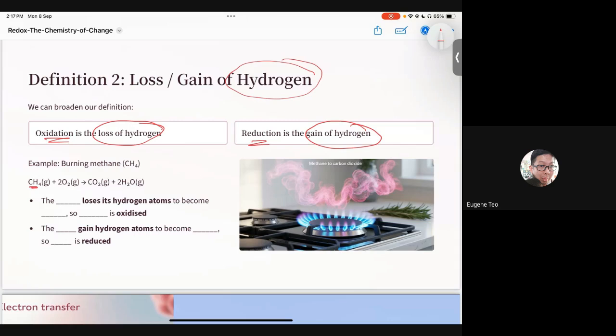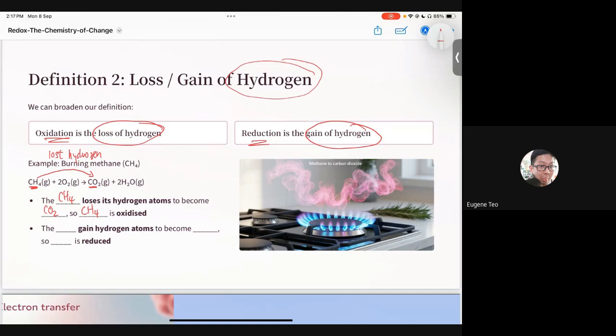So realize methane, CH4, the carbon is initially attached to 4 H. After that, it became CO2. So what you realize is that it has lost hydrogen. So methane, the CH4, lost hydrogen atoms to become CO2. So CH4 is oxidized.